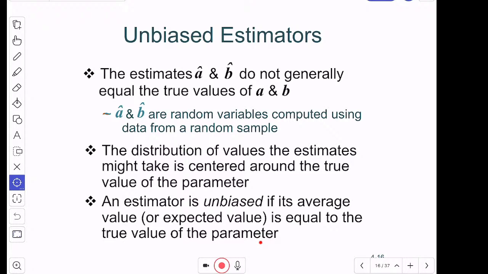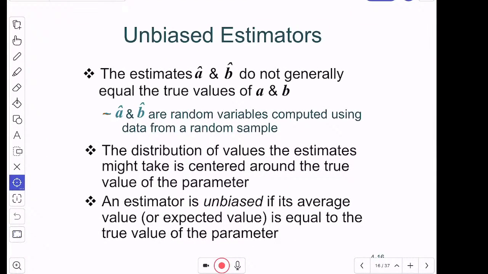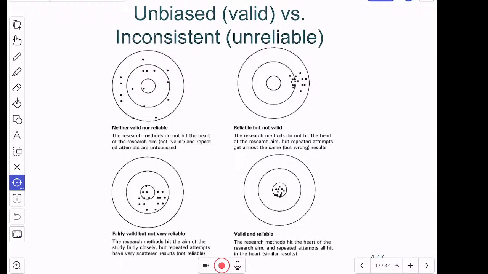So in repeated samples, on average, we expect the average value to be the same as the true value. I make a note here about unbiasedness and consistency.